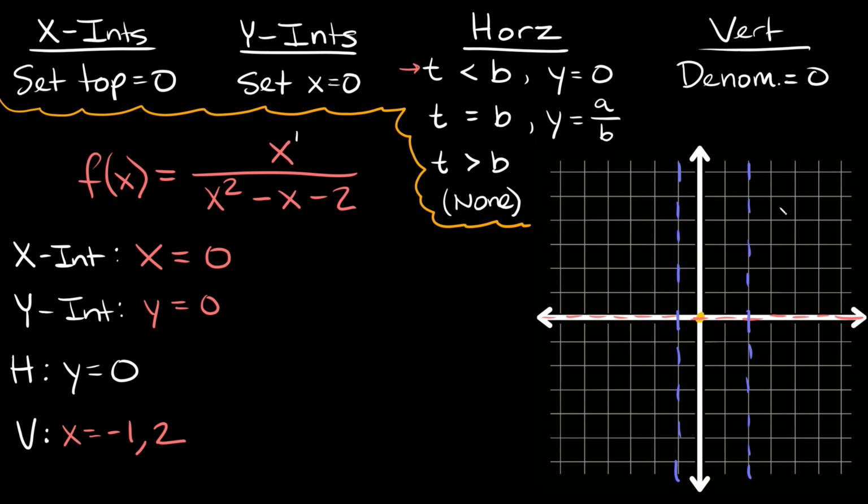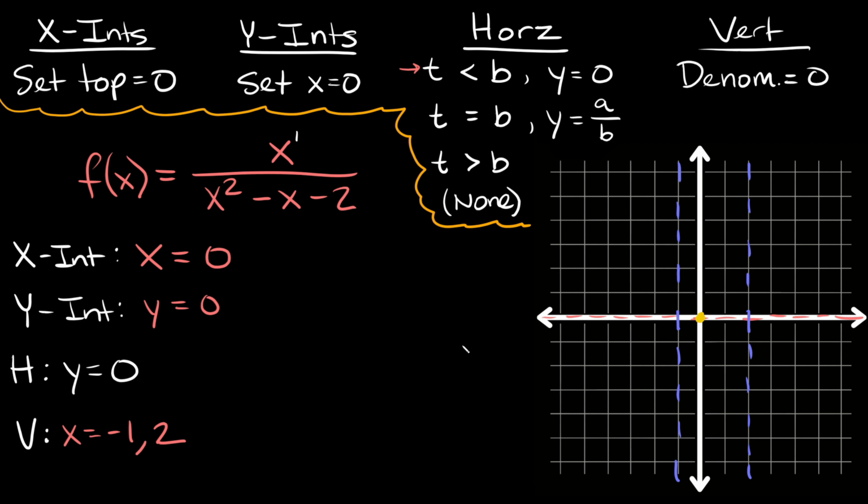As you geniuses might notice now, we have more regions, right? So we have 1, 2, 3, 4, 5, and 6. And another thing that you might notice is that we have an intercept at the origin. And this intercept also happens to be right on top of this horizontal asymptote.